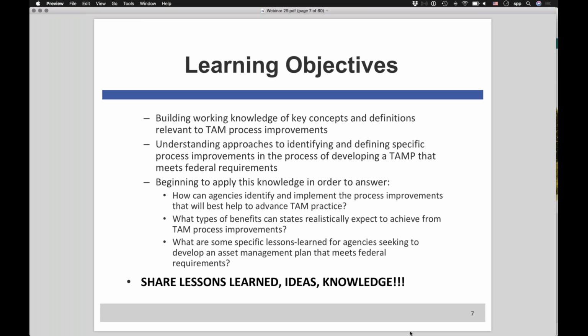For this webinar, the primary learning objectives are building working knowledge of key concepts and definitions relevant to TAM process improvements, understanding approaches to identifying and defining specific process improvements in the way you develop a TAMP that meets federal requirements, beginning to apply this knowledge in order to answer how can agencies identify and implement the process improvements that will best help to advance TAM practice, what types of benefits can states realistically expect to achieve from TAM process improvement, what are some of the specific lessons learned for agencies seeking to develop an asset management plan that meets federal requirements.